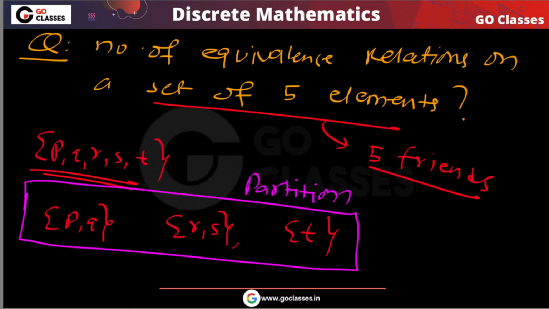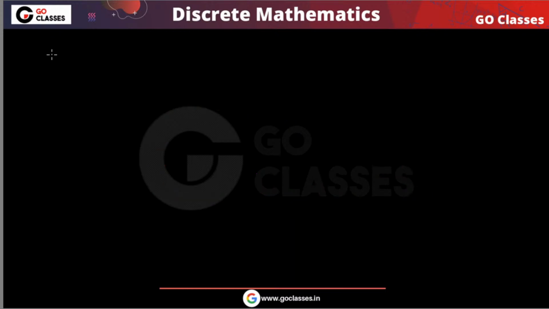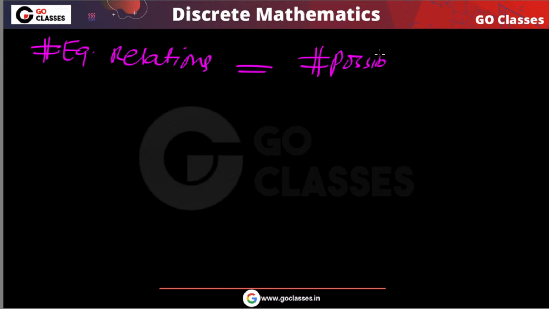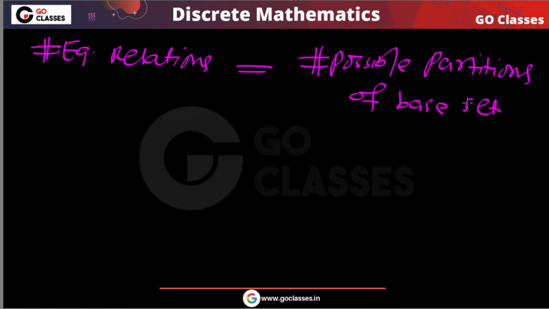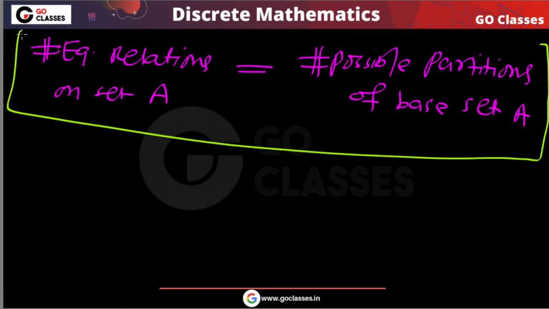The number of equivalence relations is the same as the number of possible partitions on set A.